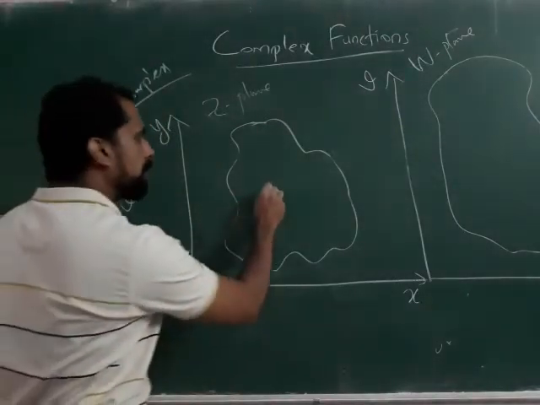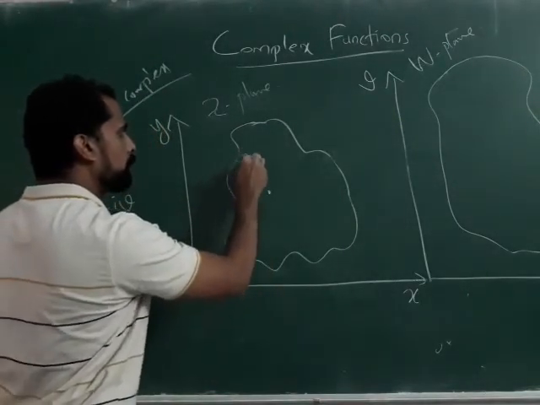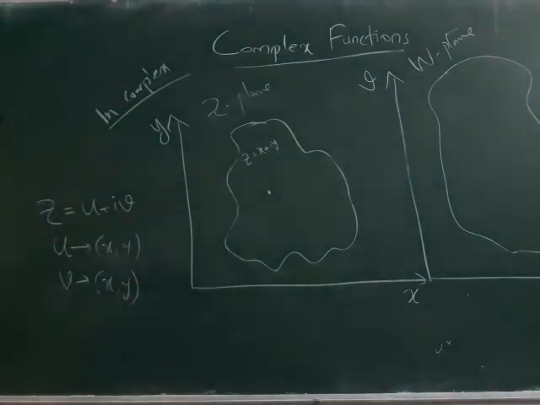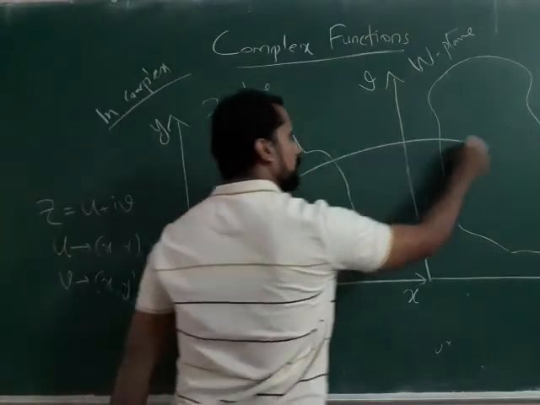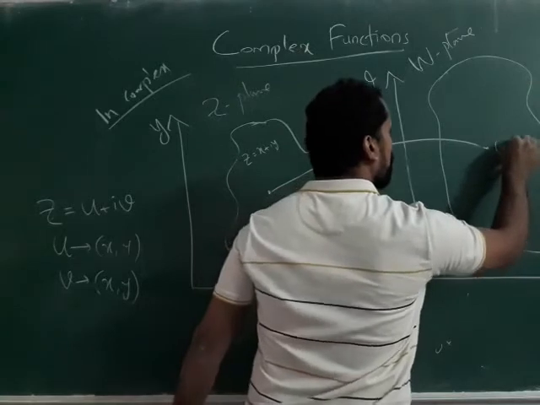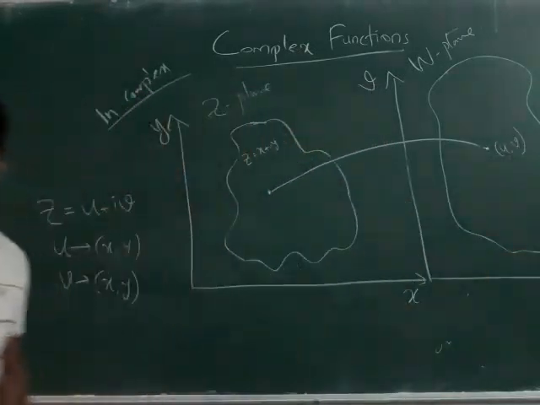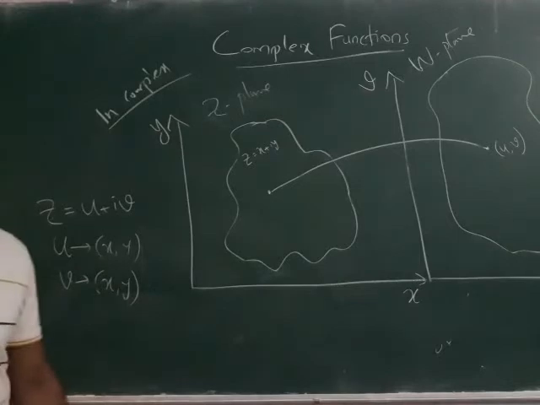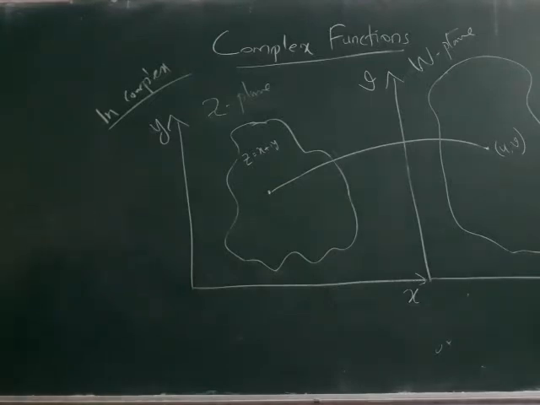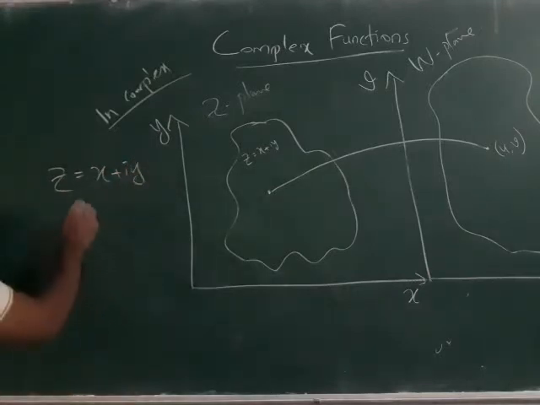For each z here, that is z is equal to x plus iy format, for each x and y you have a particular u and v on this w plane. So z is equal to x plus iy in the z plane.